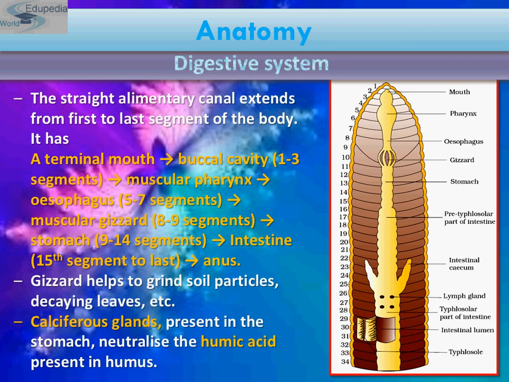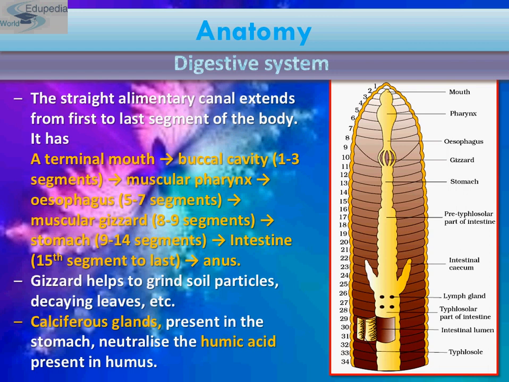Food such as soil enters the earthworm's mouth, where it is swallowed by the pharynx. Then the soil passes through the esophagus, which has calciferous glands that release calcium carbonate to rid the earthworm's body of excess calcium.